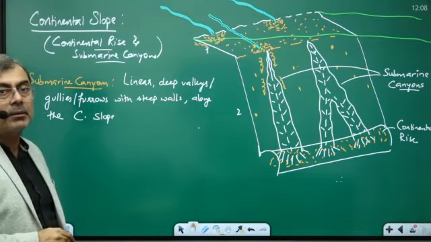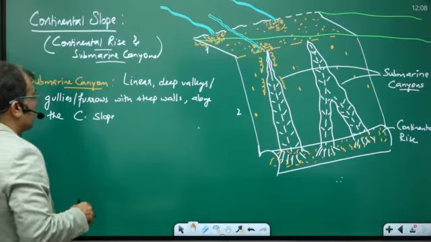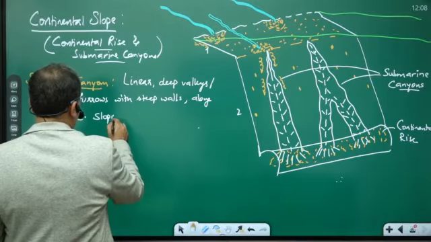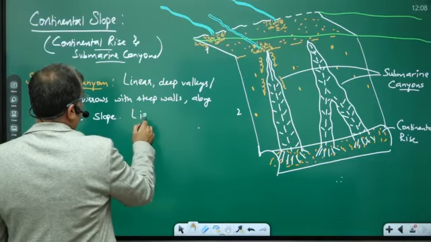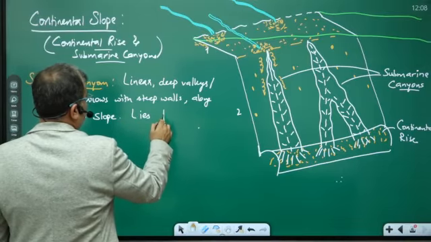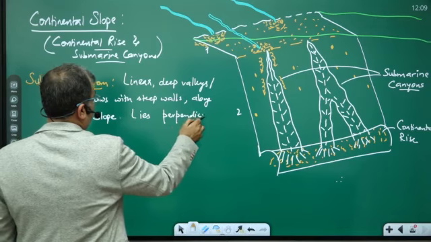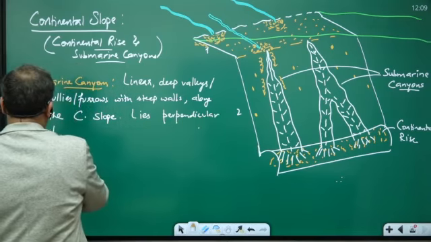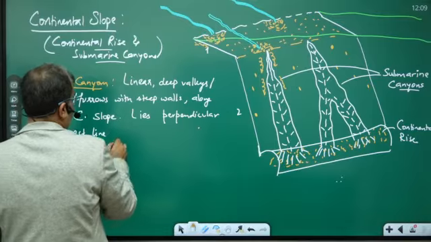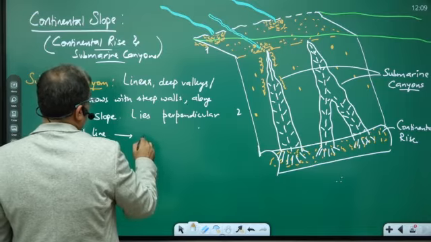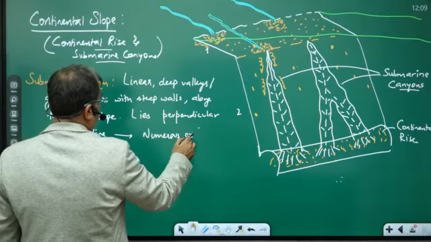Get that? Getting along the continental slope. They lie perpendicular to coastline. Numerous explanations.